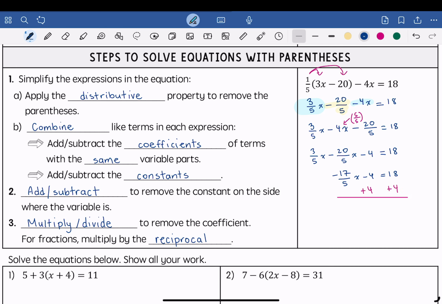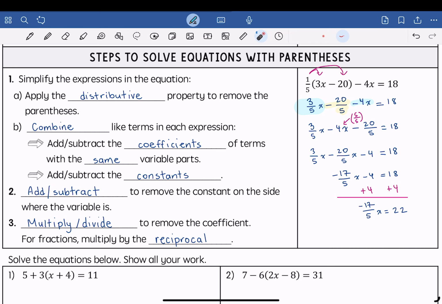So the 4's on the left side are removed. So now we have negative 17 over 5x on the left side, which is equal to 18 plus 4 is 22. So now I have a coefficient of x, which is a fraction, equals 22.